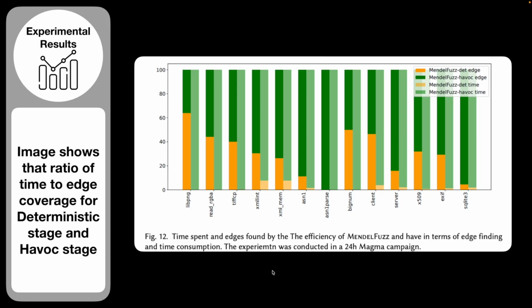For some of these tests, they don't get interesting behavior from the deterministic stage, particularly that middle one, the ASN1 PASA. But in the other cases, by spending between 1 to 2, to maybe a max of 10% of time in the deterministic stage, you're getting at least 30% or more coverage from the deterministic stage. That just shows that you can get huge benefits by implementing this.